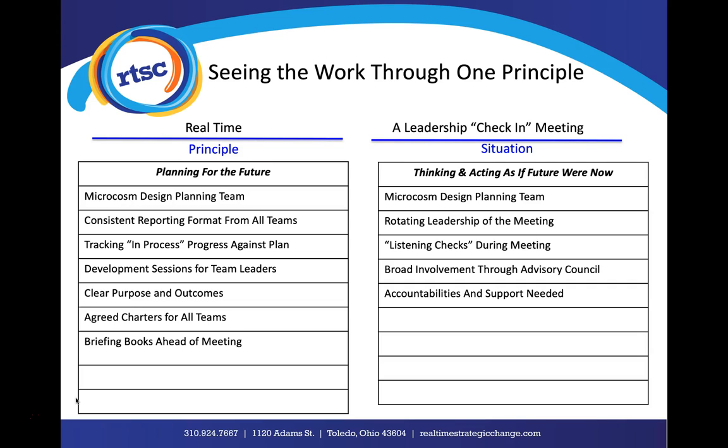Listening checks during the meeting, being able to do active listening and say, did I hear you say this correctly? Broad involvement through an advisory council like the TJ Maxx group did. And accountabilities and support that are needed are something that we're talking about being really clear about going forward, and that support is as important as accountability, another one of those polarities.